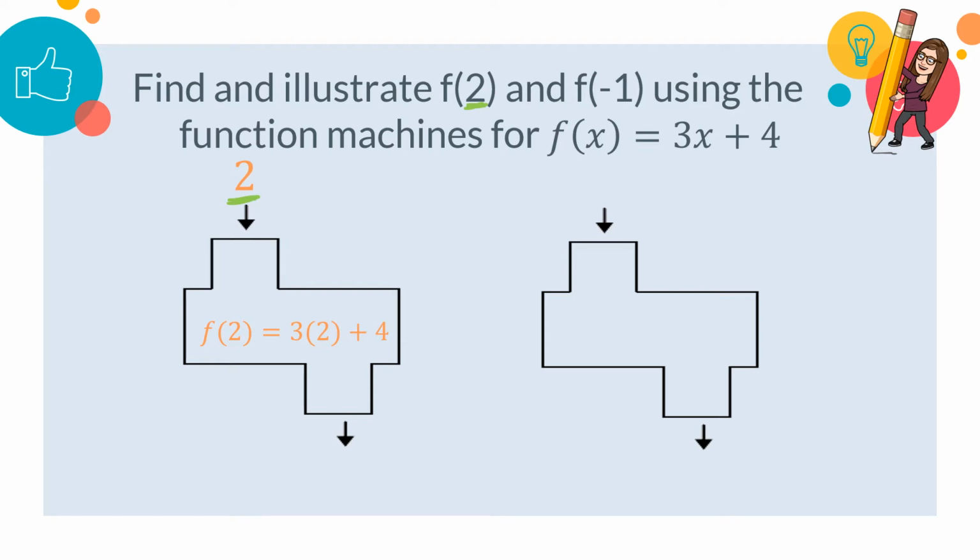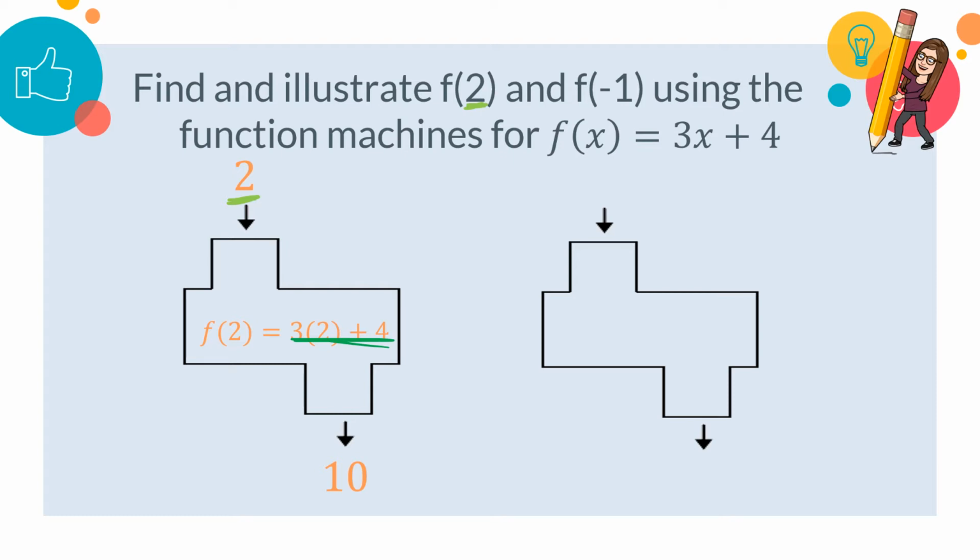And do you see what I changed? Instead of x's, I put 2's. Oh, well, that makes it much more reasonable. Now if I take a look, yeah, I can just calculate that. 3 times 2 plus 4 gets me to a nice clean 10. So if I plug in a 2, the input is 2, the output is 10. The x is 2, the y is 10.